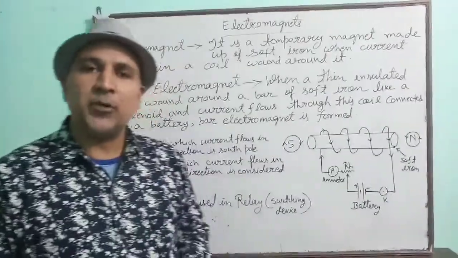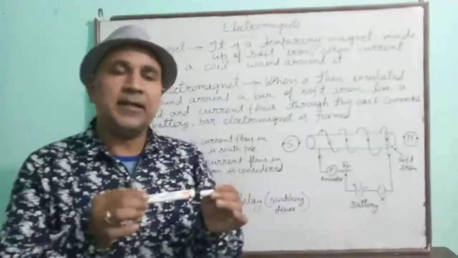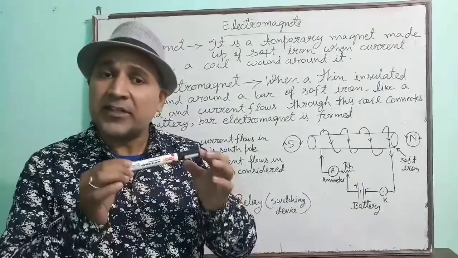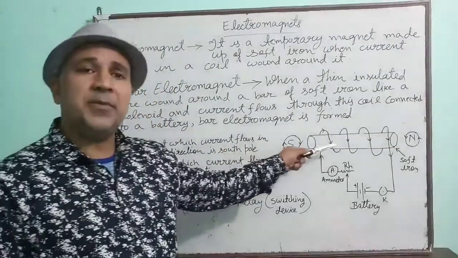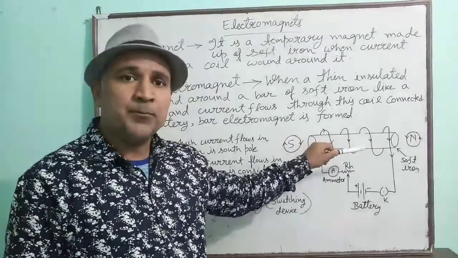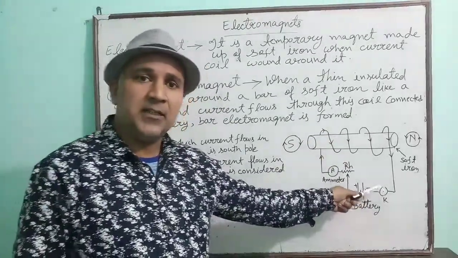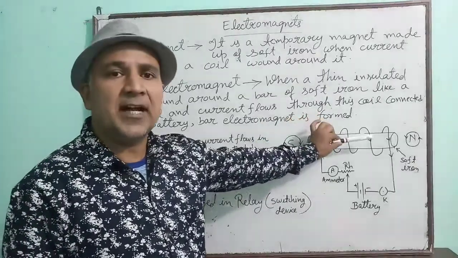Children, one more important point you have to learn. Any electromagnet is a temporary magnet. Why? Because it will behave like a magnet only when current flows in it. If we switch off the key, the current stops, and then this will behave like soft iron only.